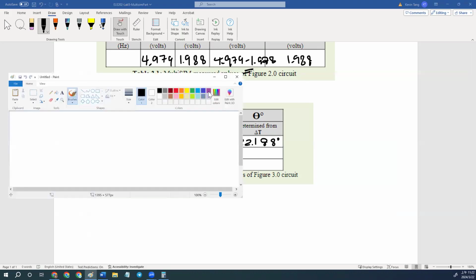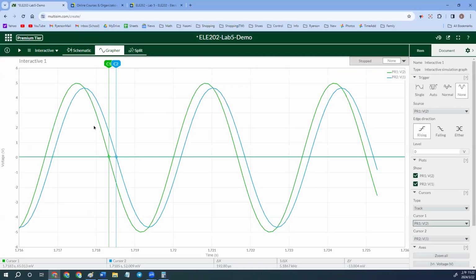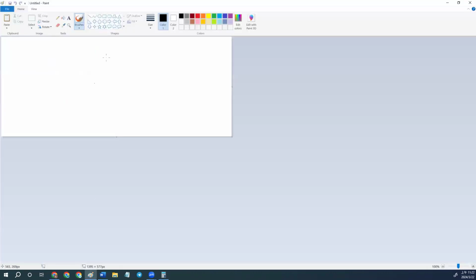Okay, I'm going to explain to you how we get this. When you see this, it's saying I have this green wave here, and I have this blue wave here. So we try to know the phase difference between this one and this one over here, right? In order to know that, you're going to measure the time from here.